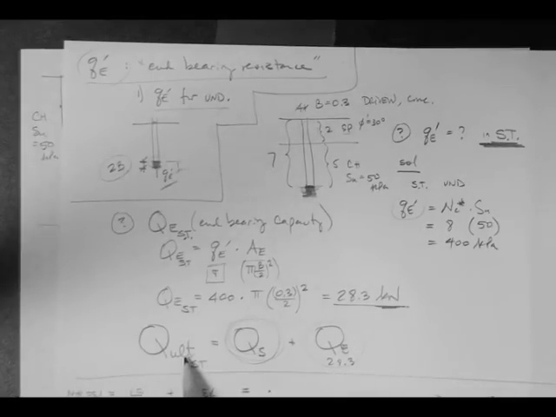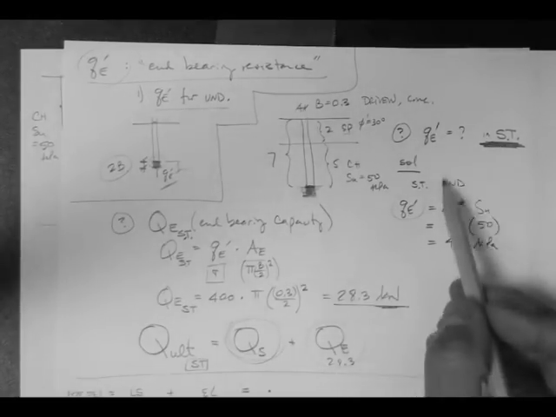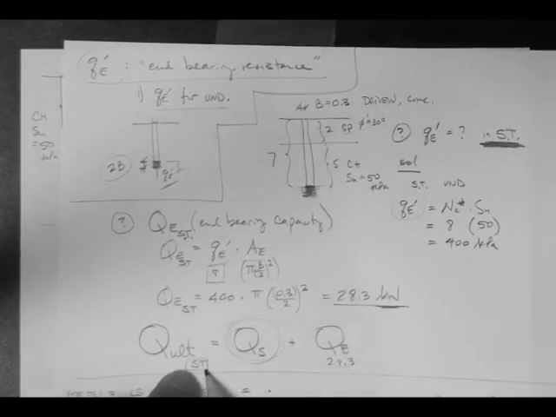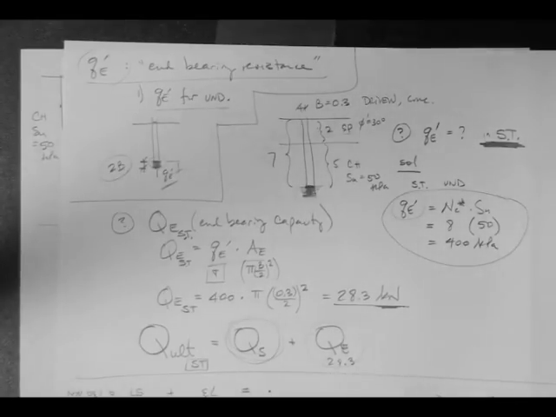The ultimate is the so-called full capacity. Remember, in the short term. Why do I write short term? Because that was the question, right? And so we proceeded to use the short term equations that are relevant to clays in the short term, which basically are the undrained equations right here, the undrained equation 1.